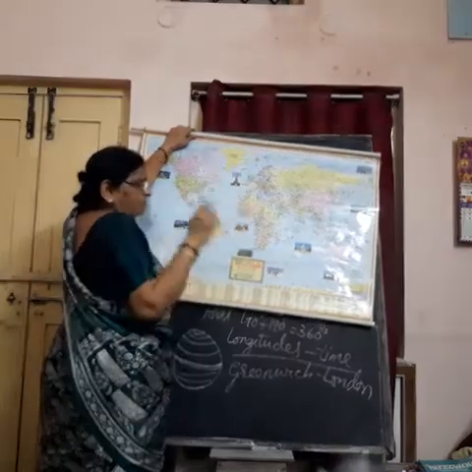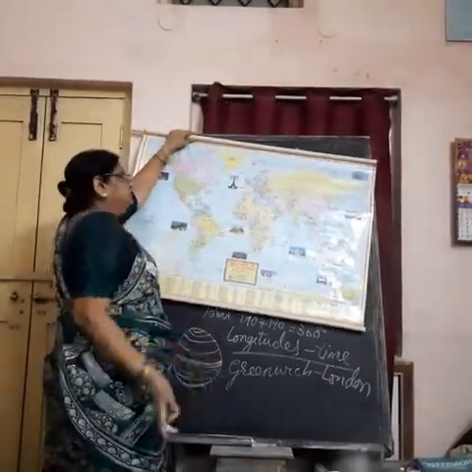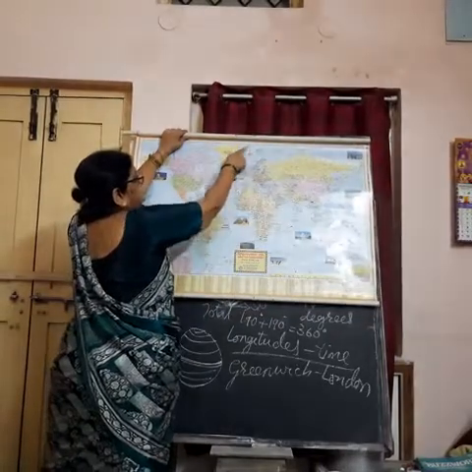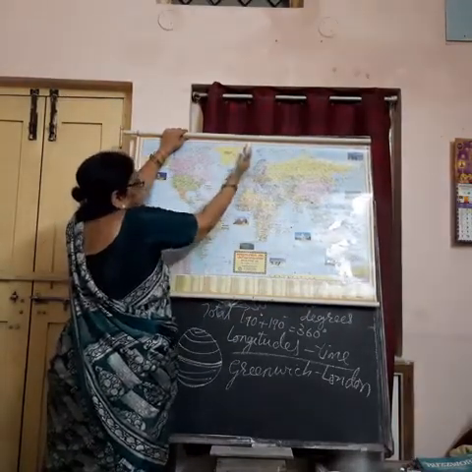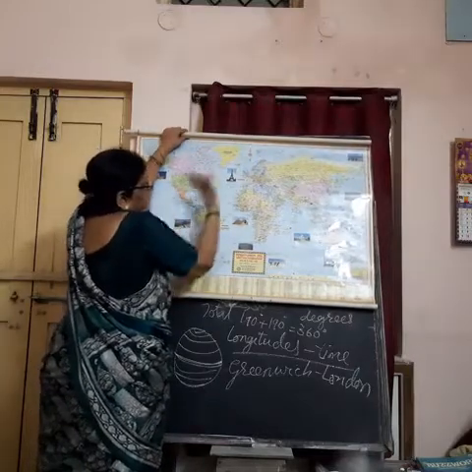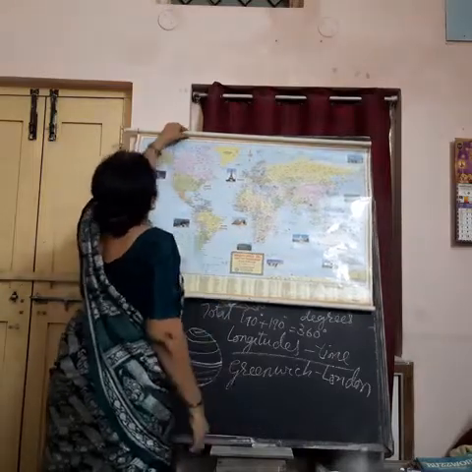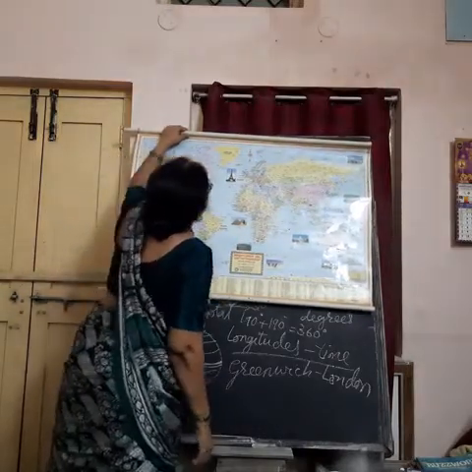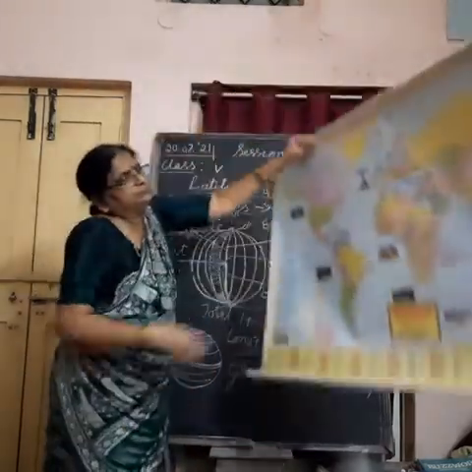The time at Greenwich, overhead or midnight, is considered 12 o'clock. From 12 o'clock towards the east, they calculate the time. From this Greenwich meridian towards the west also, time is being calculated. How? I am going to show you.